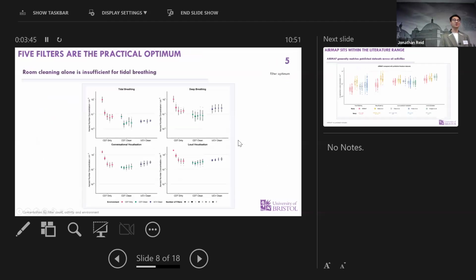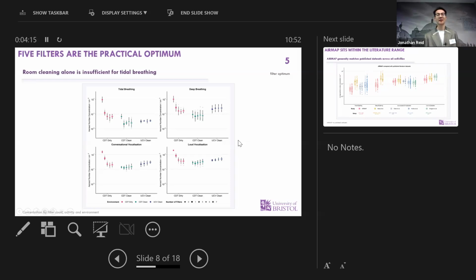And do the filters really work? Here I present 3 different environments using all the same setups. The CDT30 refers to the CDT room without any purification. The CDT clean refers to the CDT room with 10 air purifiers working. And the UCV theatre is just the UCV theatre. We found that room cleaning alone is insufficient for tidal breathing, especially because the concentration is so low.